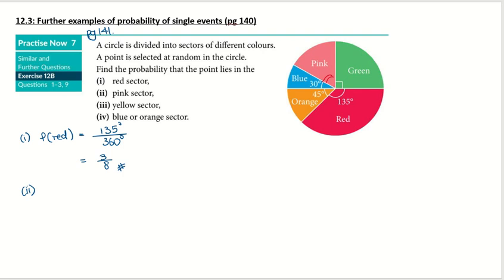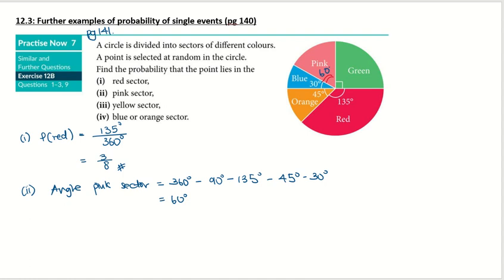So let's solve for it step by step. Angle in the pink sector, I will take 360 minus everything else. Go around the circle. And that will give you your pink sector to be 60 degrees.